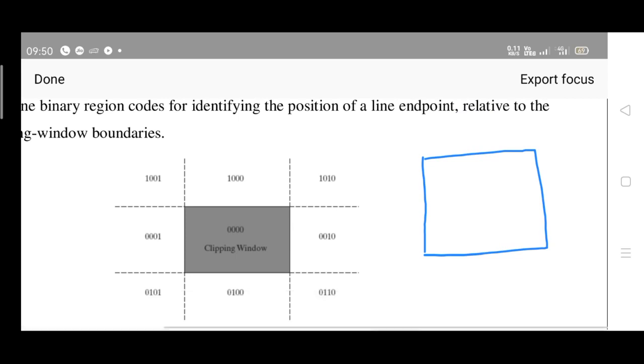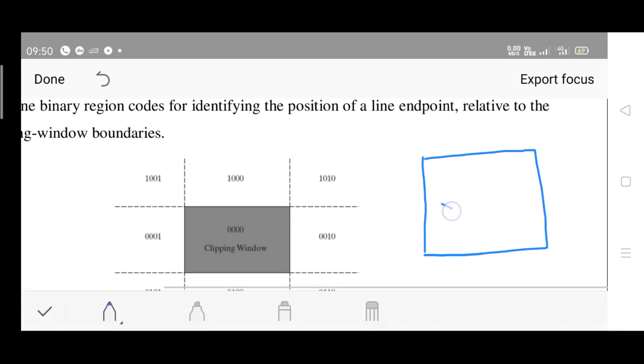No need to change any of the values. Keep it as it is. Till here you are supposed to draw the line segment, up to the boundary of the top region of the rectangle, and redraw. This is the line segment as well as the clipping window after performing the clipping operation.